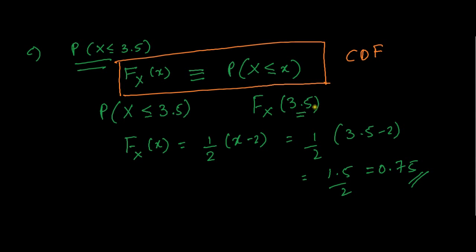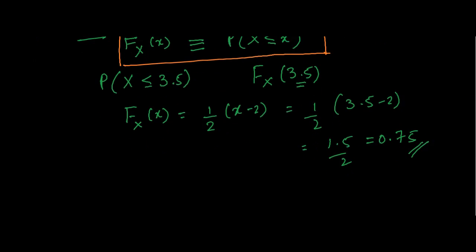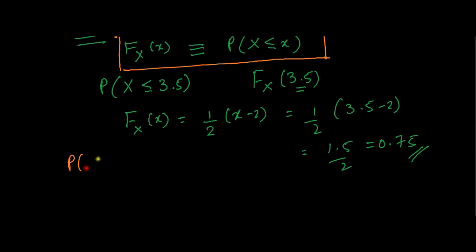We can also calculate this probability, that is, the probability of X less than or equal to 3.5 will be equal to the integral from minus infinity to x, in our case 3.5, of the probability density function.